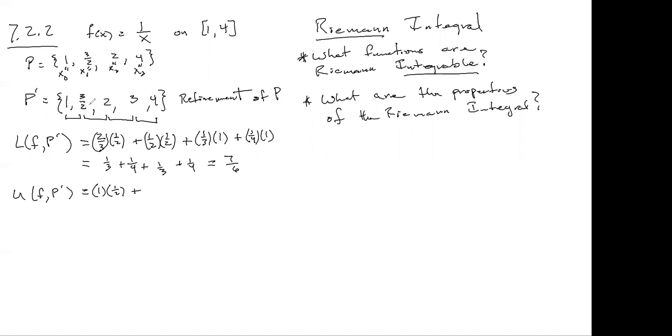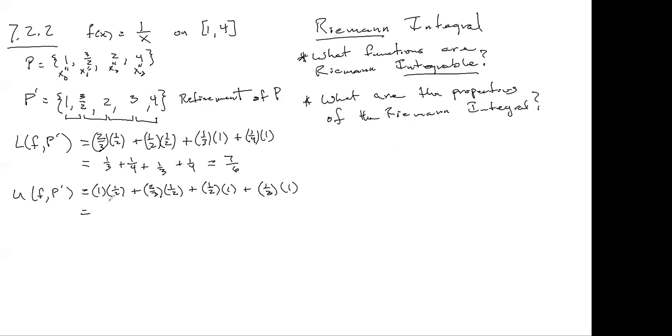The supremum over the next interval would occur at 3 halves, so the supremum would be 2/3, and the width of the interval is 1/2. The supremum from 2 to 3 is going to occur at 2, so that's a half times 1. The supremum over the last subinterval from 3 to 4 would occur at 3, so we would have 1/3 times 1.